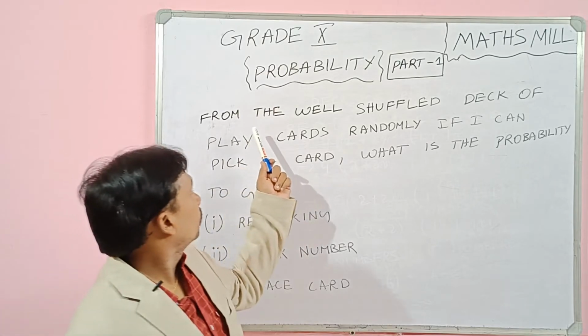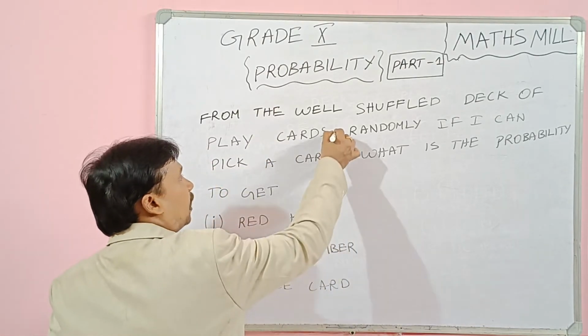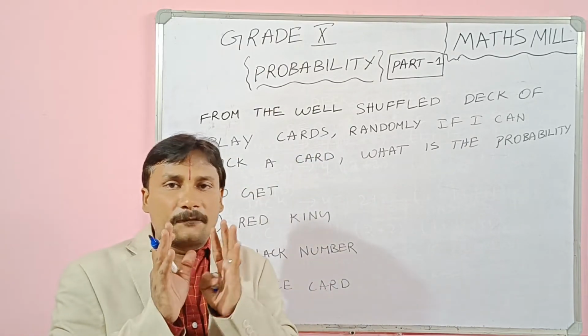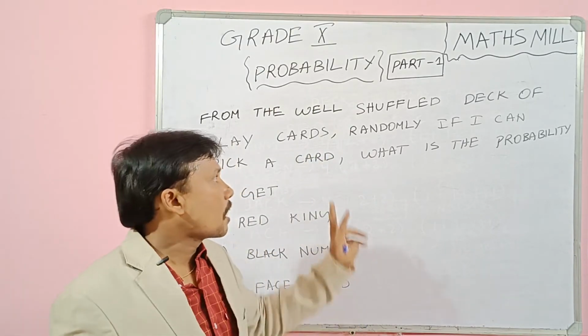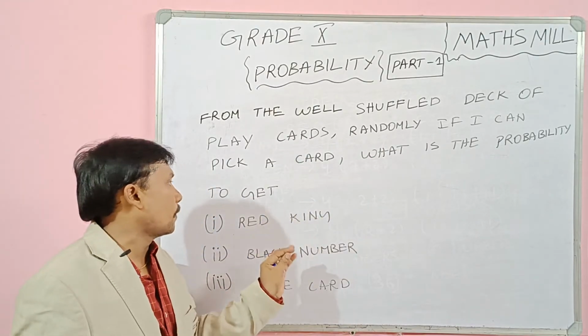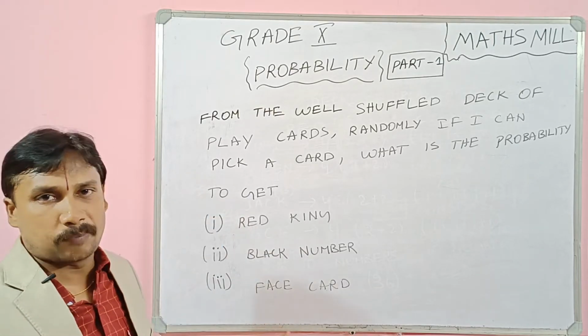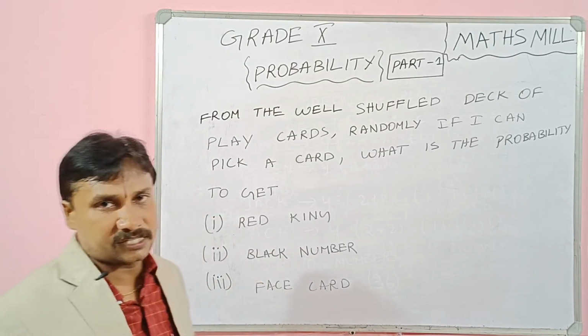The question says from a well shuffled deck of playing cards, so we have 52 cards. Randomly if I pick a card, what is the probability to get: first question, a red king; second question, a black number card; third question, a face card.